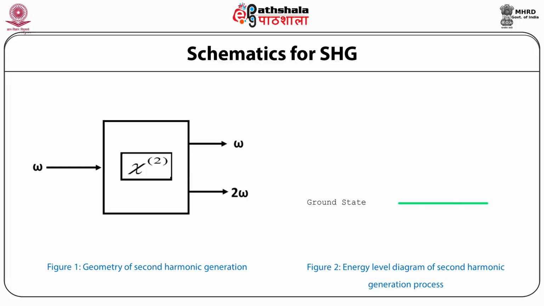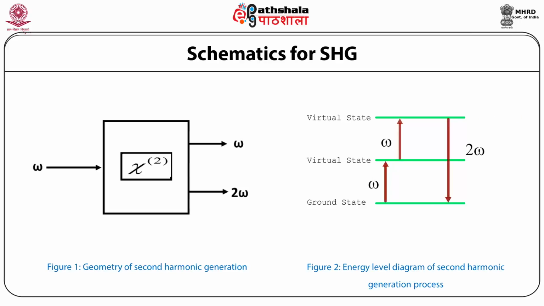The energy level diagram of the process is schematized in the figure, where the system is shined with laser light of frequency omega and generates a frequency of 2 omega.